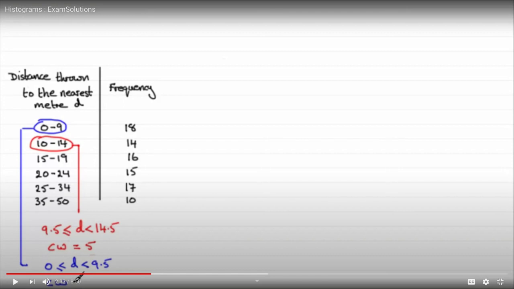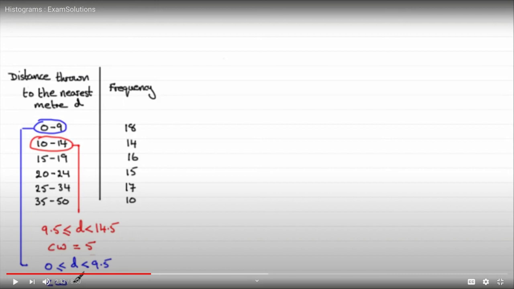So in order to measure it properly, because you're using whole numbers and your frequencies are whole numbers, you can't have a frequency of, well, they threw it 18.5 times. Nobody can throw it 18.5 times. And because classes are whole numbers, you cannot have a decimal for the nearest meter, because when it says nearest meter, you're rounding it off.